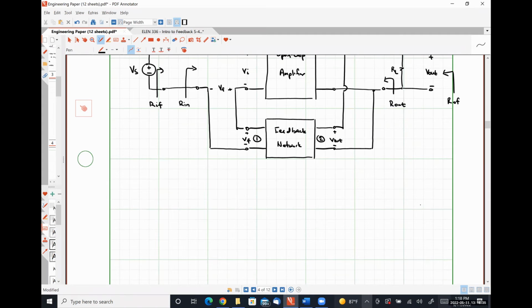Let's talk about this real quick right here. So we are going to have a loading resistance R11.